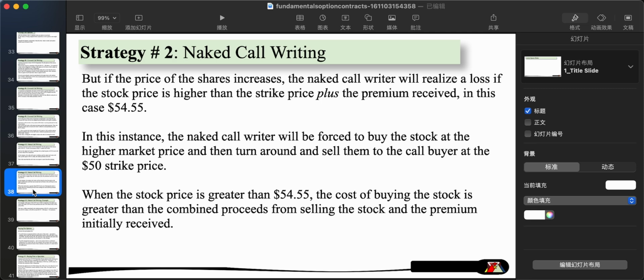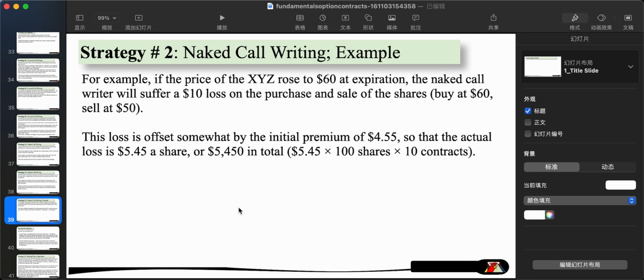So when the stock price is greater than $54.55, the cost of buying the stock is greater than the combined proceeds from selling the stock and the premium initially received. For example, if the price of XYZ rose to $60 at expiration, the naked call writer would suffer a $10 loss on the purchase and sale of the shares.